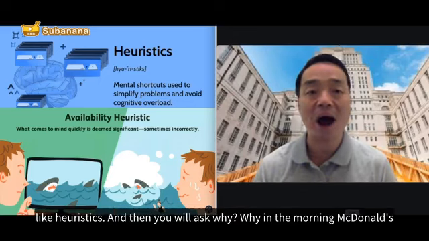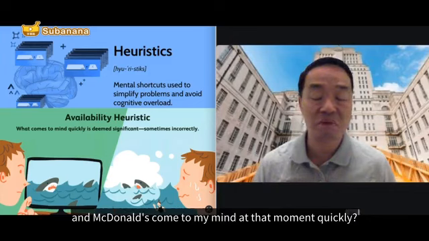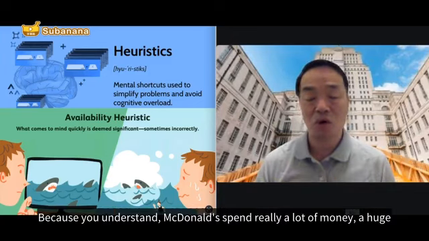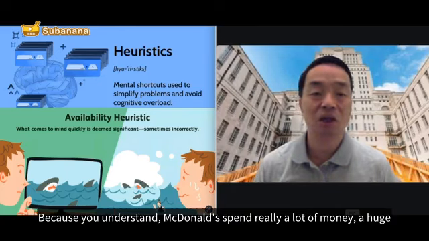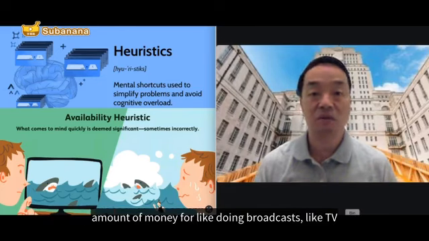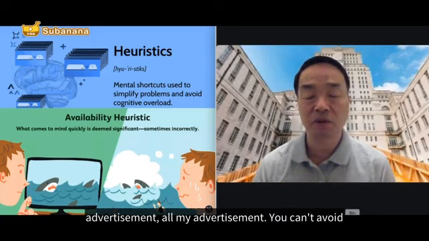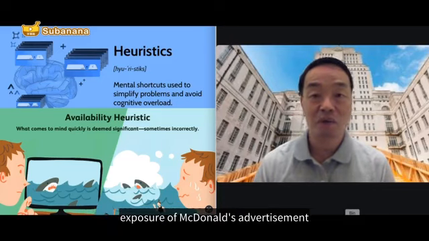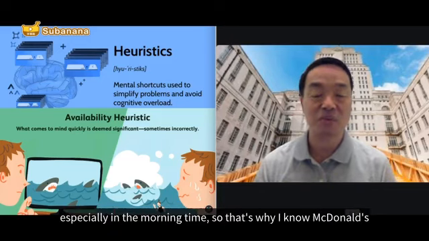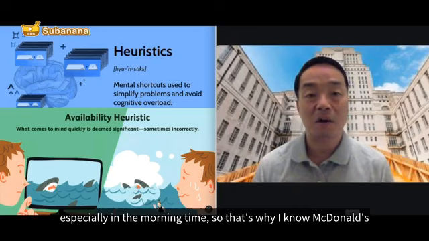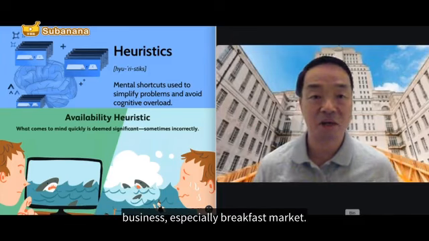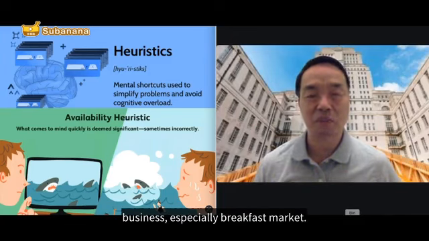And then we ask why McDonald's came to my mind so quickly in the morning. Because McDonald's spends a huge amount of money on broadcasting, like TV advertisements and online advertisements. You can't avoid the exposure to McDonald's advertisements, especially in the morning. So McDonald's actually occupies a very big business, especially the breakfast market.